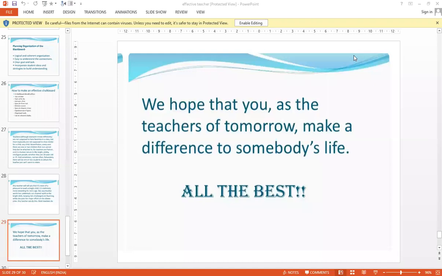We have to reflect. Our reflection should be in such a way that the students will get inspired by our ways, by our behavior.